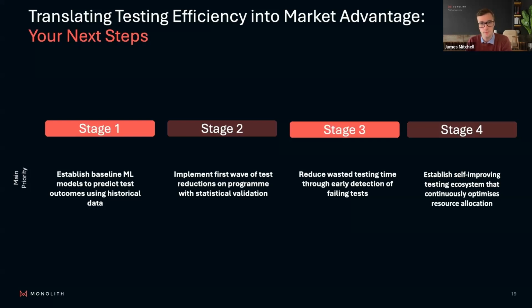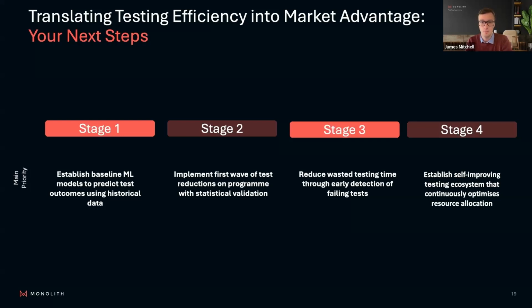We'll then go into an efficiency optimization, looking at reducing the testing time through an early reduction of failing tests. It's probably not uncommon throughout these stages that they are almost year-long each, so this whole process takes two to three years.